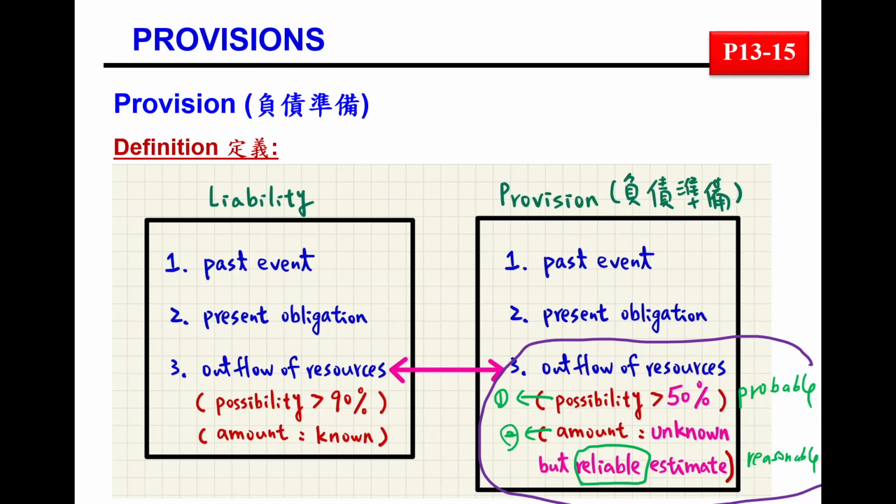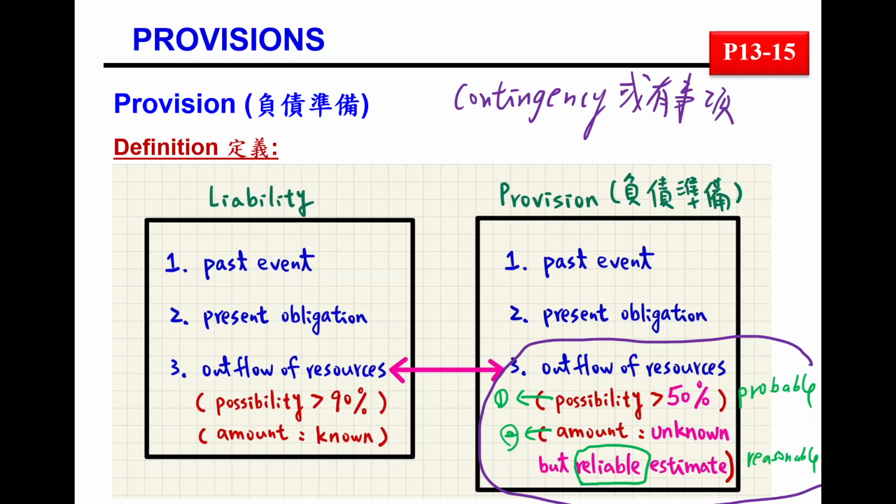Then what if any one of the conditions doesn't meet, what will we call it? We will call it another one, our last part, contingency, 或有事项.